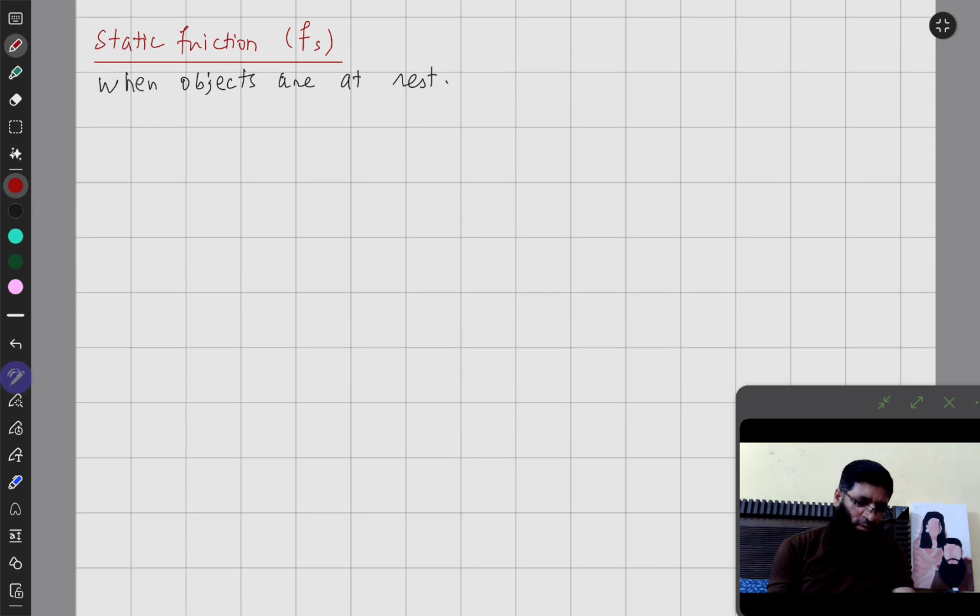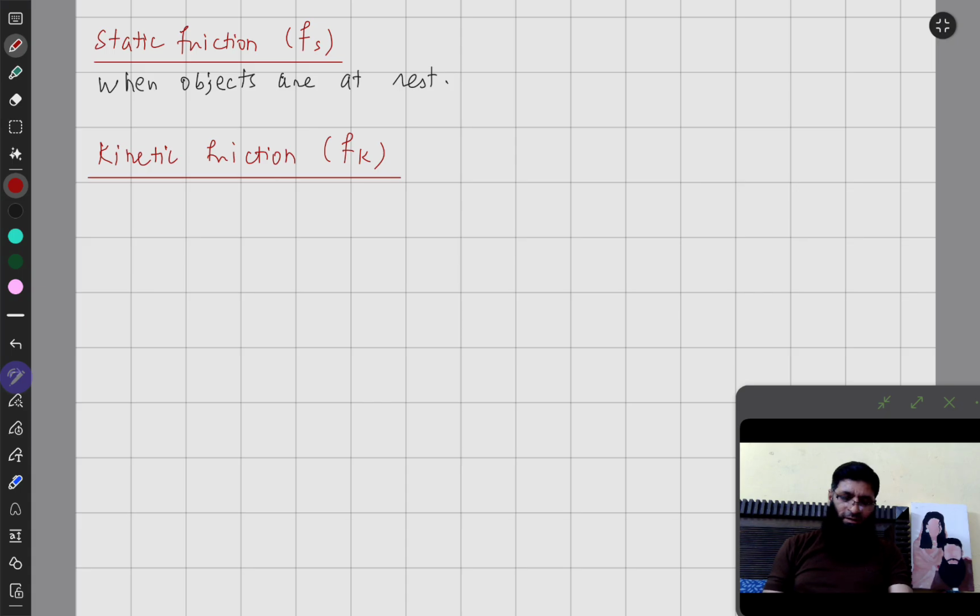Then we have kinetic friction. This is usually denoted by Fk. This is basically the friction when the object is moving. You know, sometimes you are dragging an object, you are applying force on a table, and the table is moving, but still there is a friction between the table and the surface on which the table is moving.